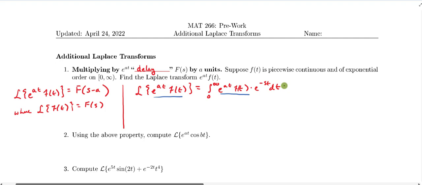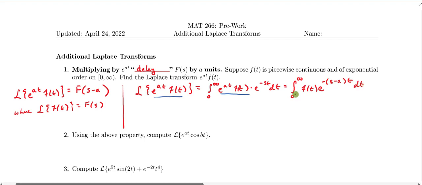If we clean this up, this becomes the integral from 0 to infinity of f of t, and if I combine those exponential terms, I can rewrite that as e to the negative parentheses s minus a, times t dt. Double check that arithmetic, but yes, we've got a minus s and a plus a being multiplied by t.